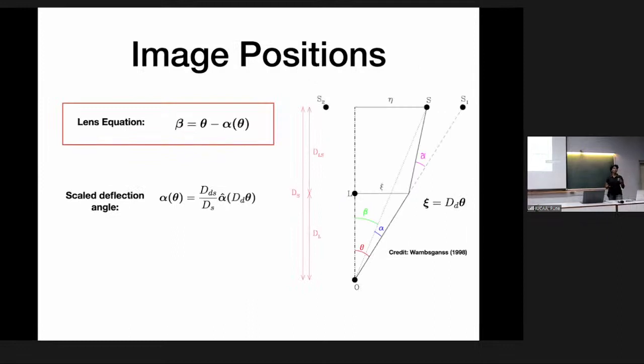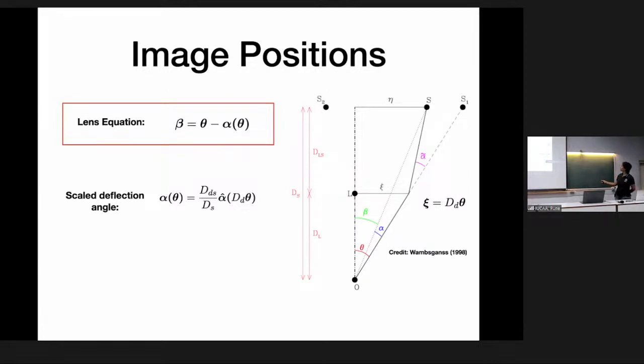So let's go through each of these different observables and refresh our minds on how we can derive them. As you remember from yesterday's lecture, the way we can calculate these image positions is as follows. Suppose there is an observer here, and then there is some mass in the line of sight, and suppose at a large distance there is a source at a separate redshift plane.